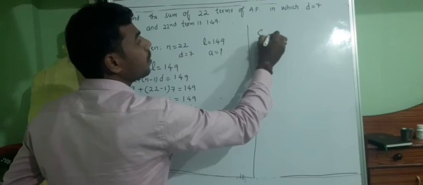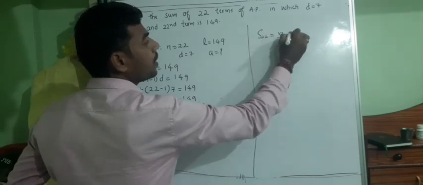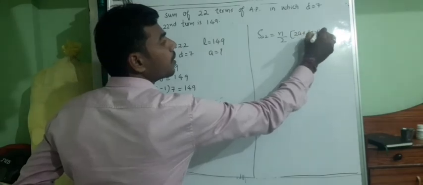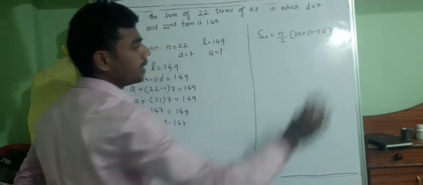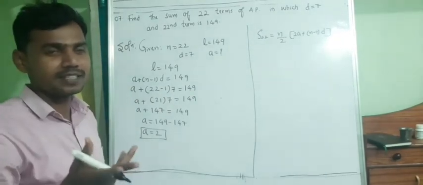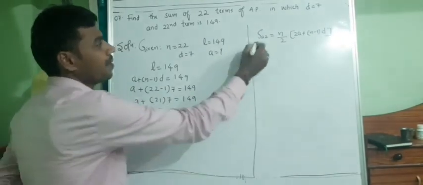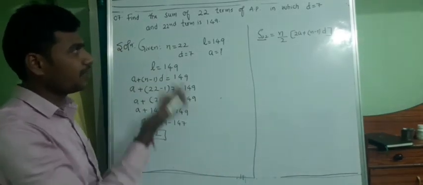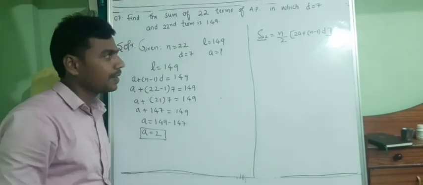Okay, we got A. Now calculating the sum will be easy. S22 is equal to n by 2 into 2A plus n minus 1 into D. See, this is one of the easiest chapters where we use only two formulas, the last term formula and the sum formula. Only if you know the basics, solving this chapter will be easy.